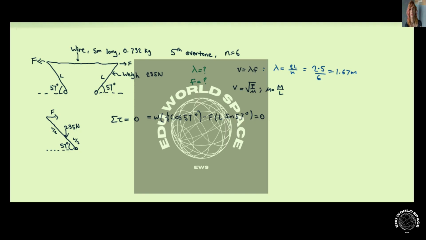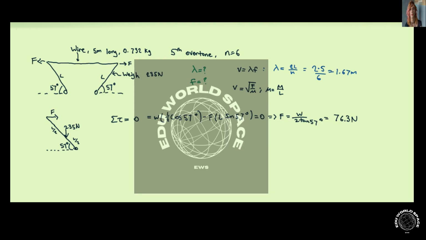That tells us that F has to be equal to W over 2 times tan of 57 degrees, which is 235 over twice tan 57 degrees, which ultimately is 76.3 newtons.